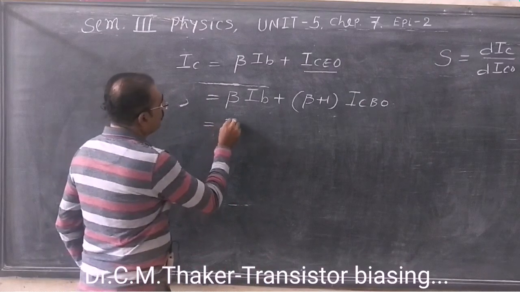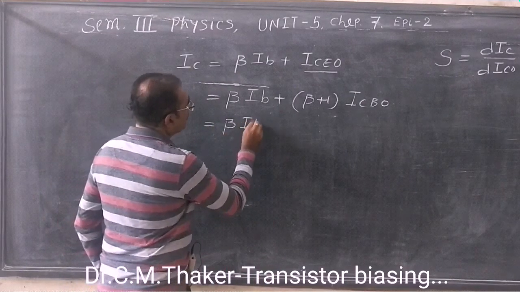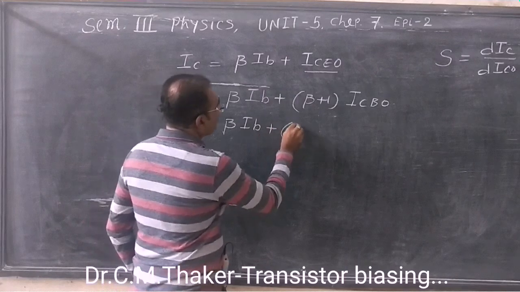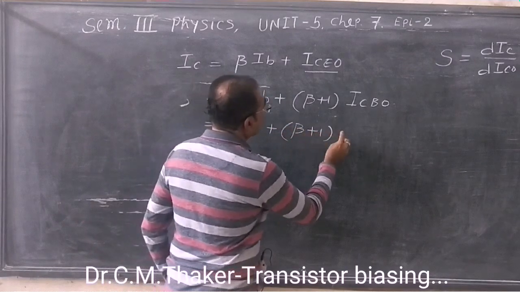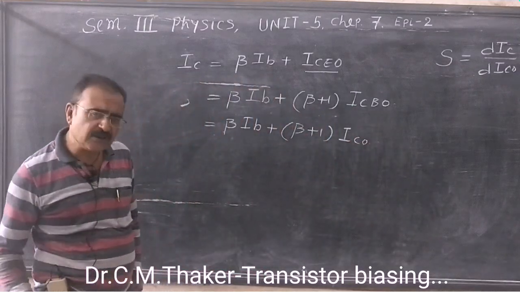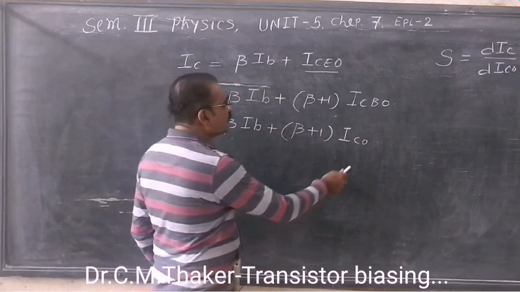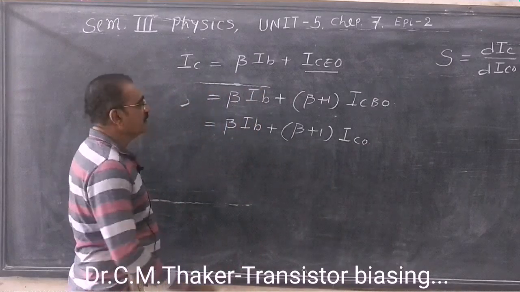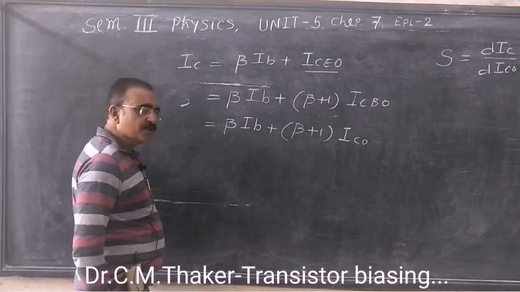So this is equal to beta times IB plus (beta plus 1) ICO. Now you can understand, this is the leakage current part, and this is the majority charge current.